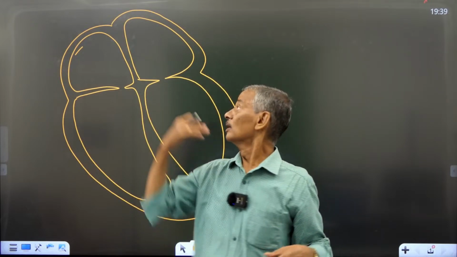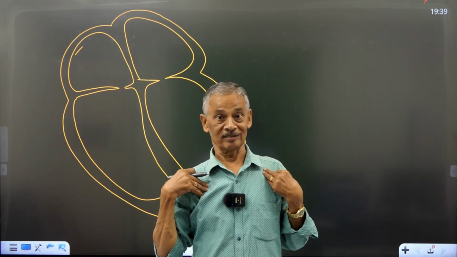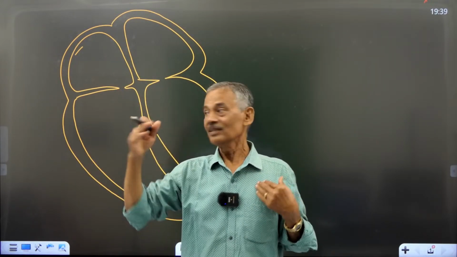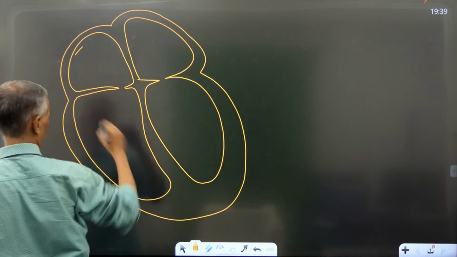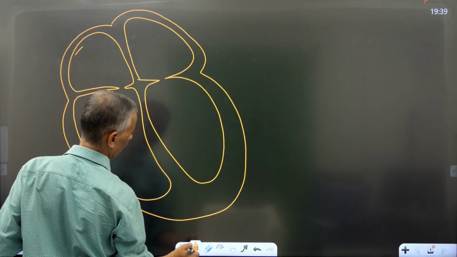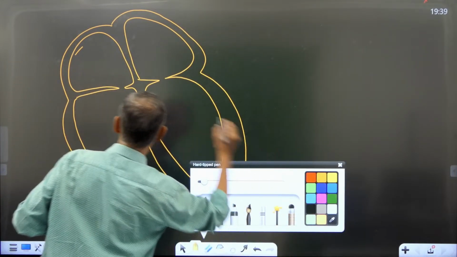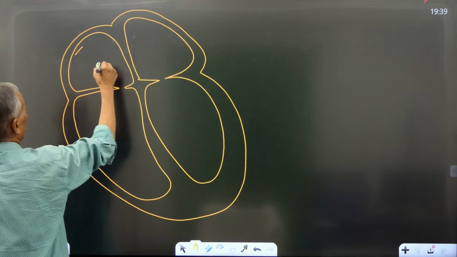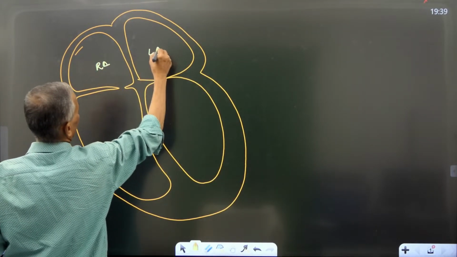And I am drawing my heart. So this is my right side. I will be marking this one as my right atria and left atria.